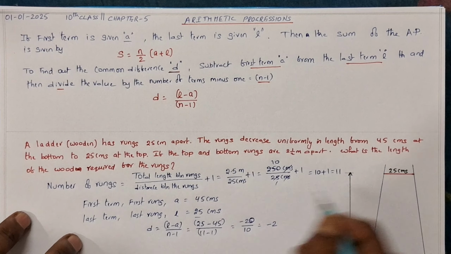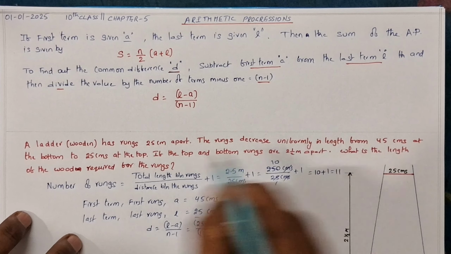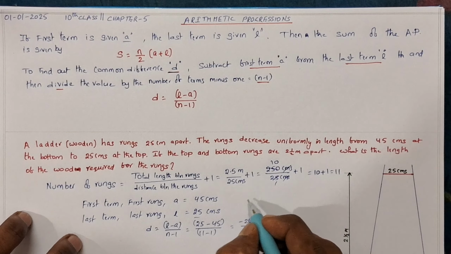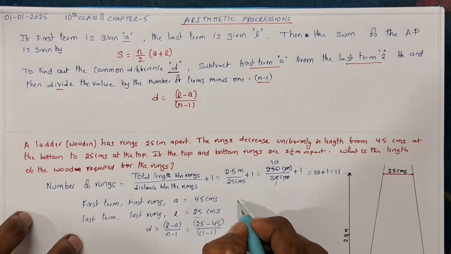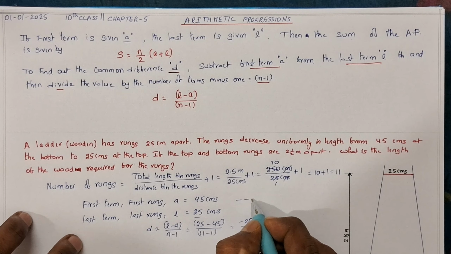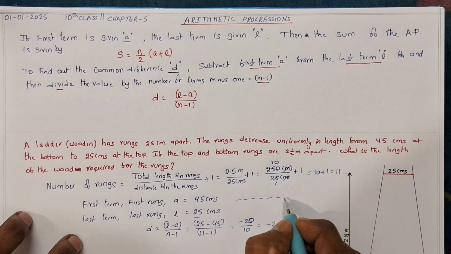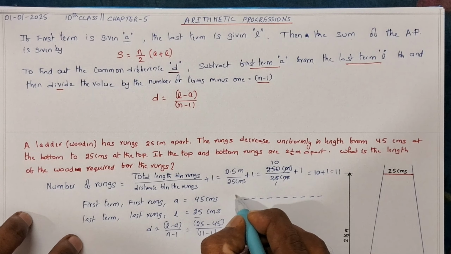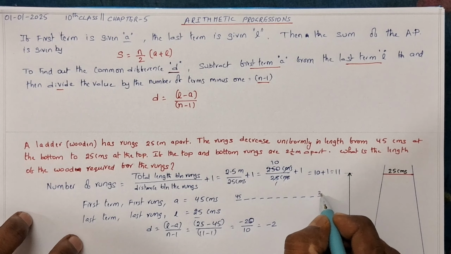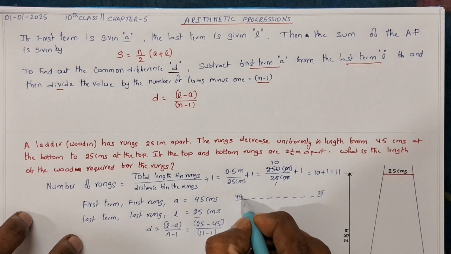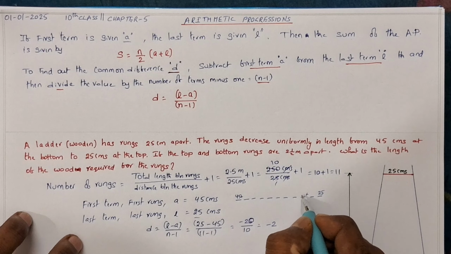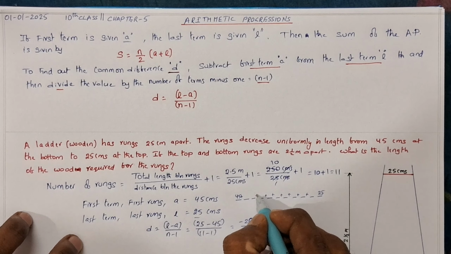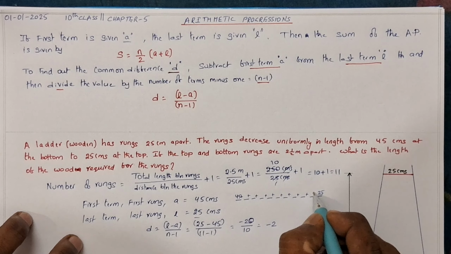Then what we need to find? What is the length of the wood required for the rungs? So total rungs is 11: 1, 2, 3, 4, 5, 6, 7, 8, 9, 10, 11. First rung is 45. Last rung is 25. We have to add all rungs, then only we will get the length of the ladder.